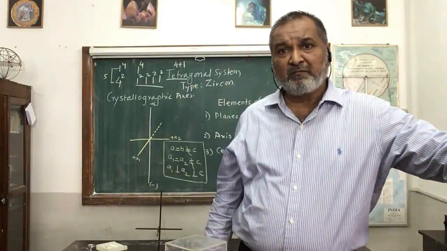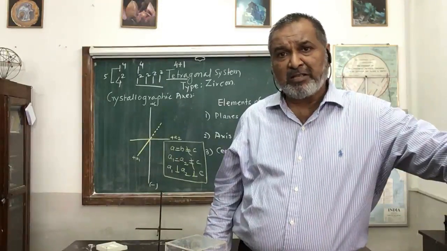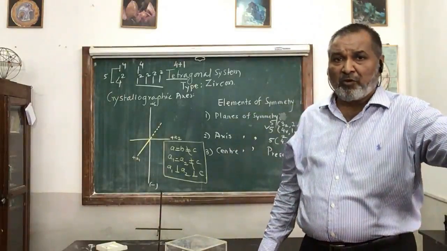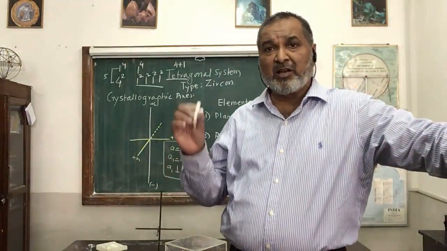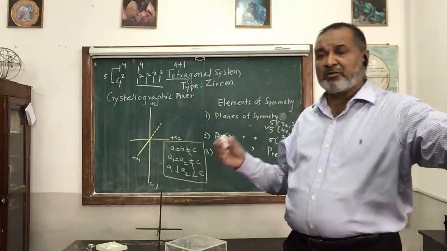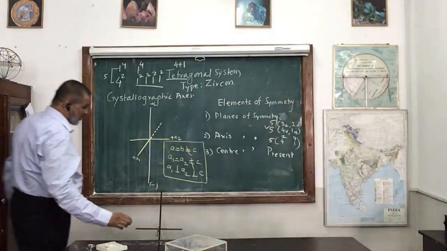The next is the elements of symmetry. There are 5 planes, 5 axes, and a center of symmetry present. Out of the 5 planes, 4 are vertical and 1 is horizontal. Of the 5 axes, 4 are 2-fold and 1 is 4-fold, and the center of symmetry is present. Yes, this completes the first part.